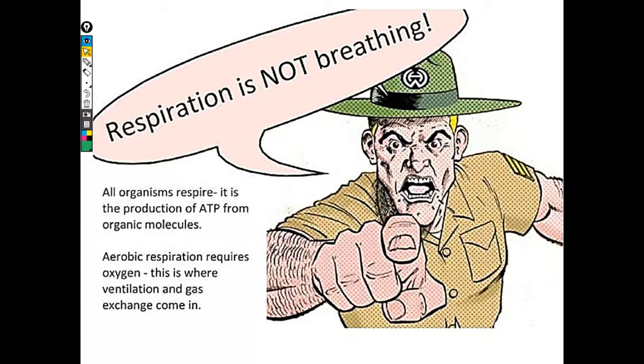So when you are breathing, whether it's on your own or someone's doing it for you, you are ventilating: the exchange of oxygen and carbon dioxide in your body. What we're going to be talking about today and further on, at the cellular level, the breaking down of sugar for ATP, that's called respiration.